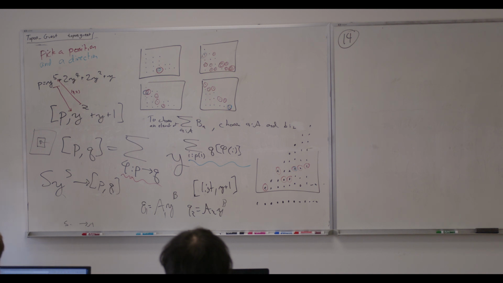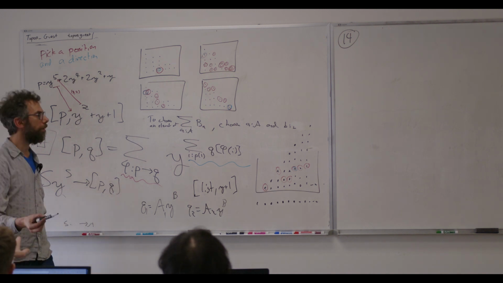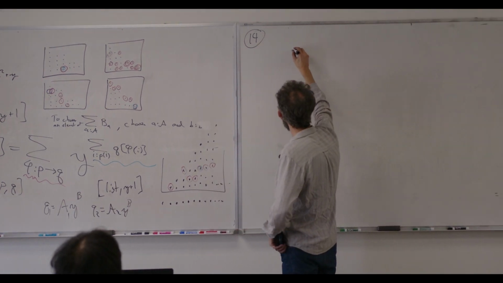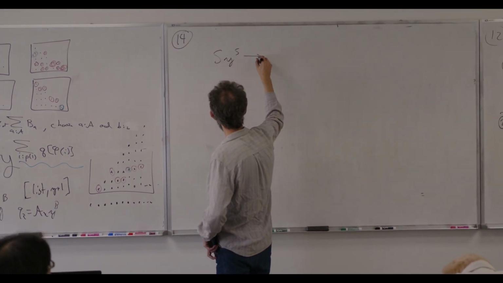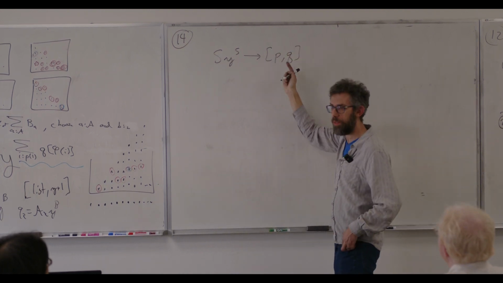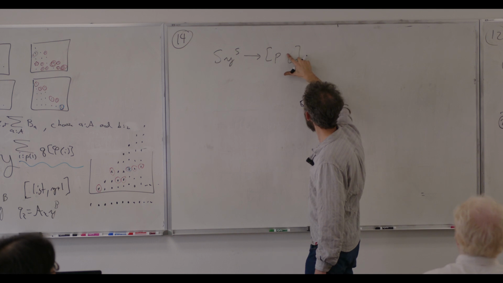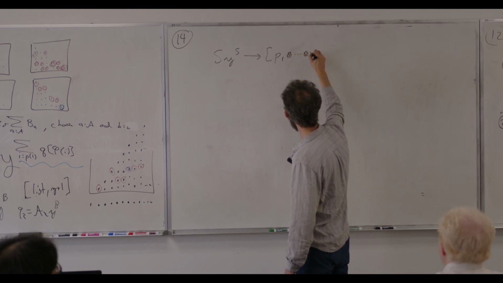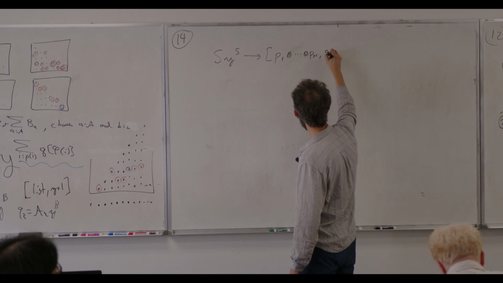Oh, for each S, let's say I know what to do. Okay. So we have S y to the S to P Q. This is some machine that's updating all these wiring diagrams. But is it actually outputting different?